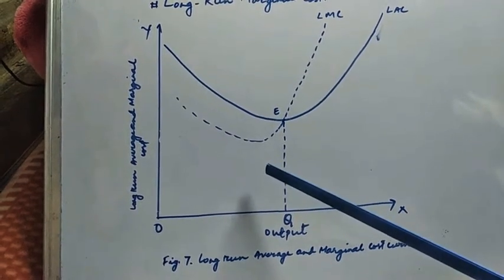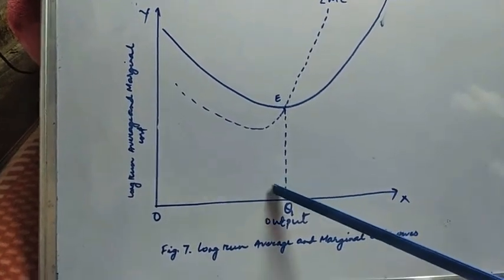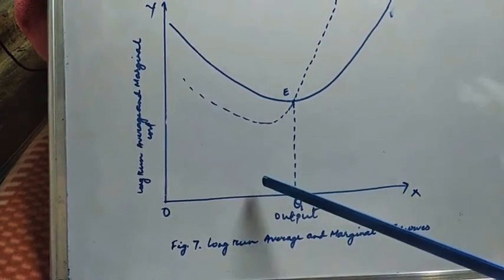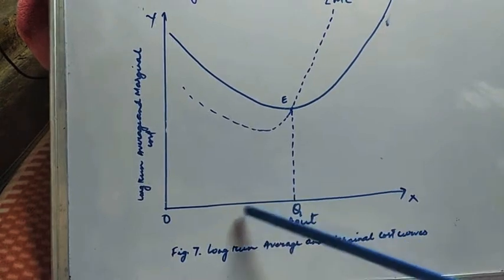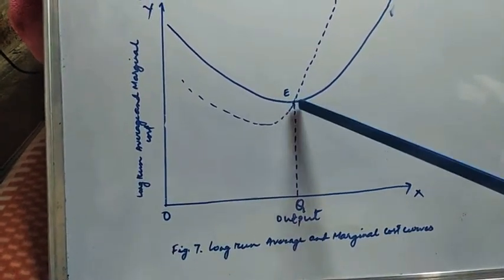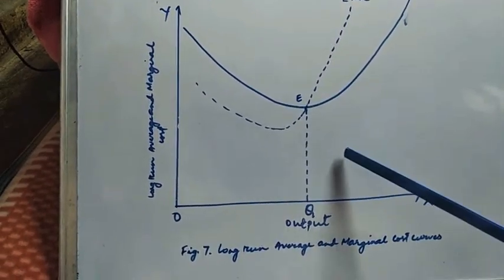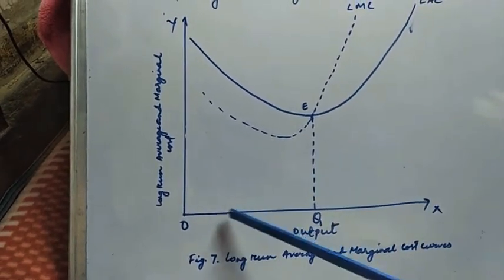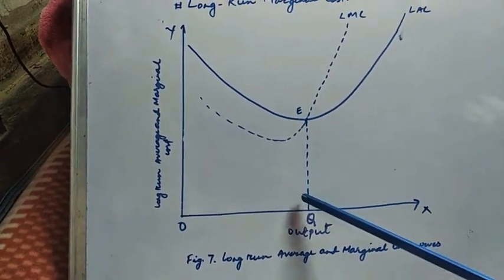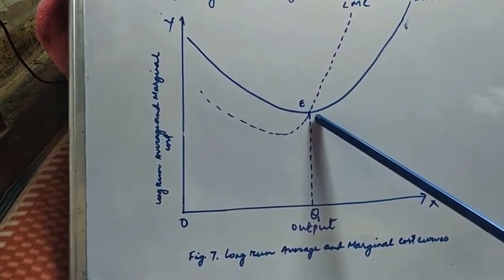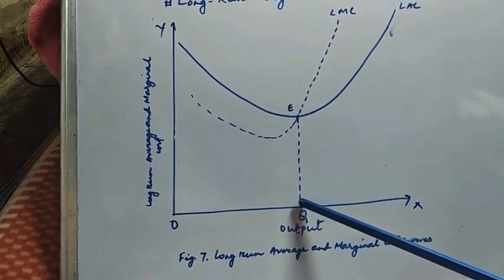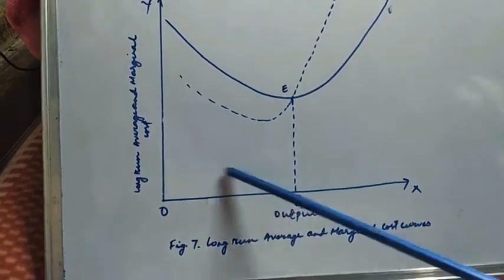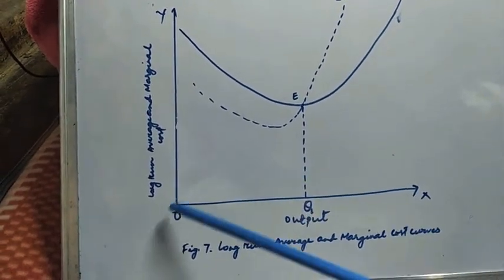A producer who is producing at OQ level of output will be called the optimum firm, because at point OQ, QE is the minimum long run average cost. That is why a firm corresponding to this QE long run average cost produces OQ. So OQ is considered the optimum level of output, and a firm producing at OQ will be considered the optimum firm.